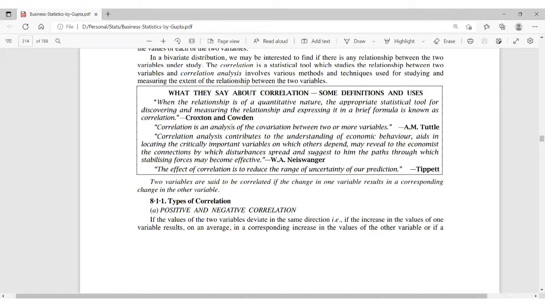So if they increase the salt, we see the impact of that salt on that disease, right? We study this correlation. From this only, in research we come to know at what level we use these things.